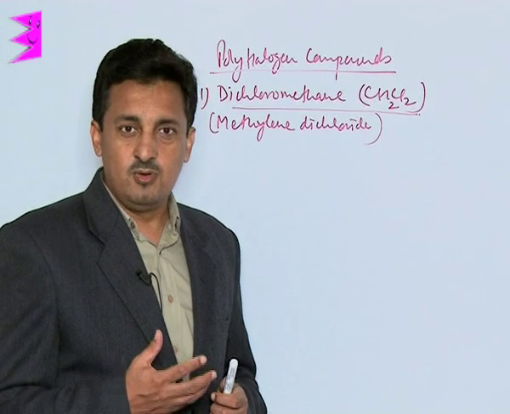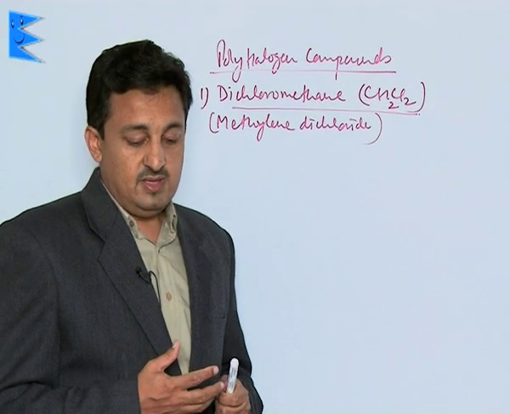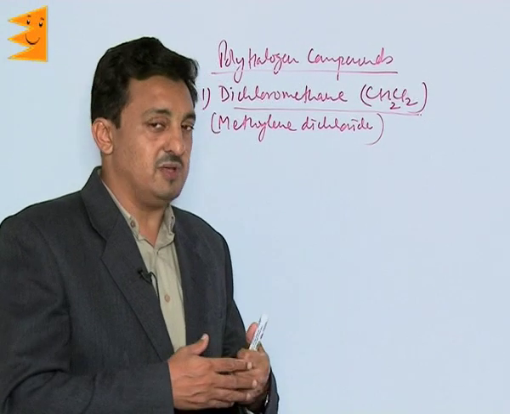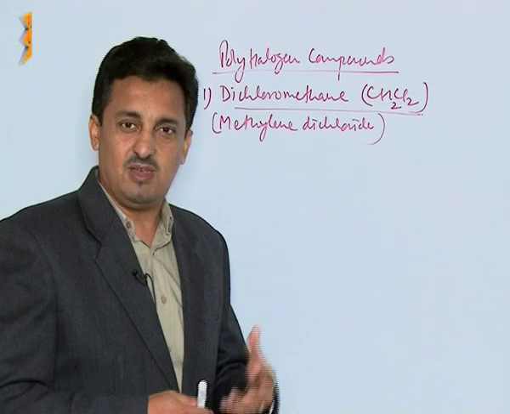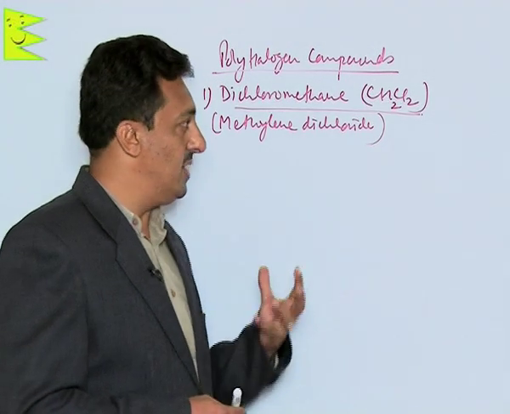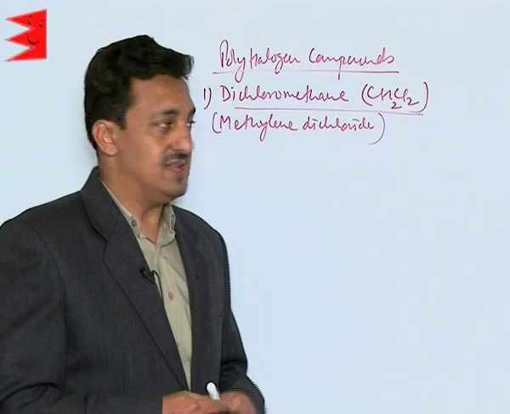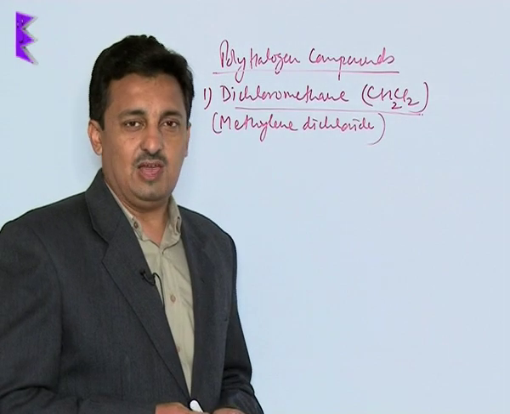What is most important to note about this compound is that when the skin gets exposed to it, it causes a burning sensation and leads to skin burns. That is why we always avoid using it with our bare hands. So that's the most important thing about this polyhalogen compound.